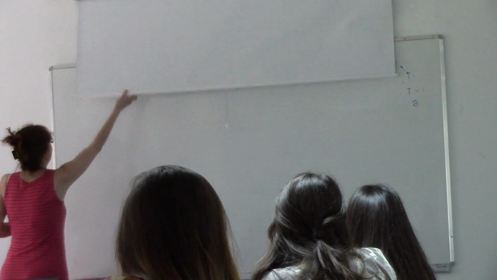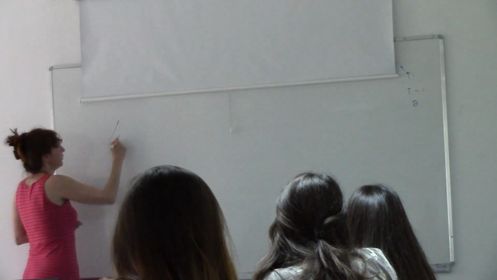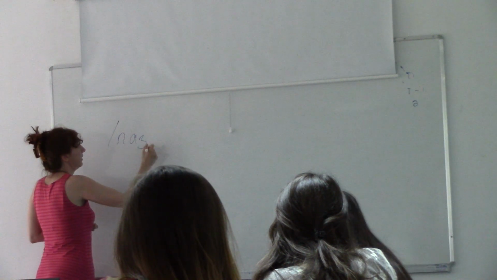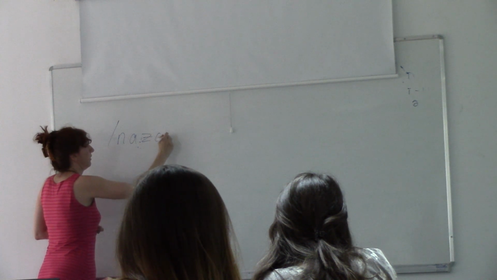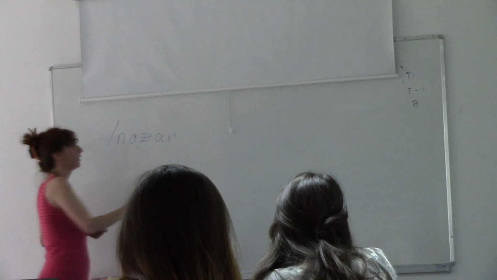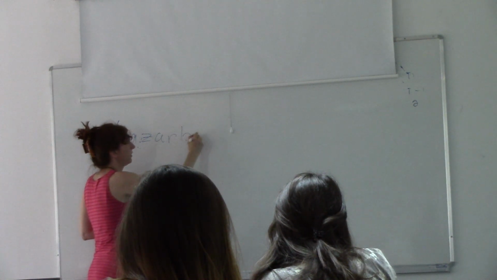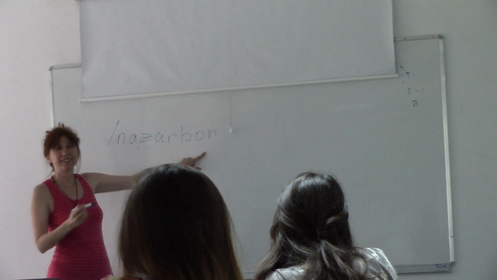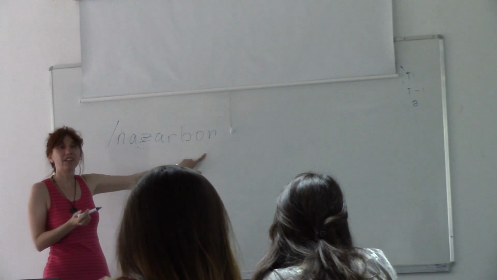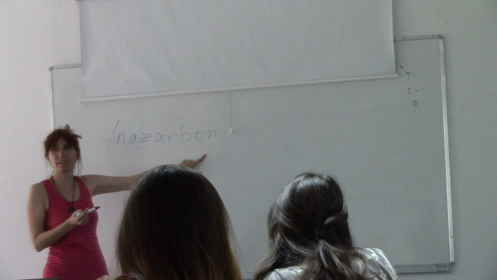Okay. So if we go na, and then, so far no problems. And then j. Okay, so how would we render j?